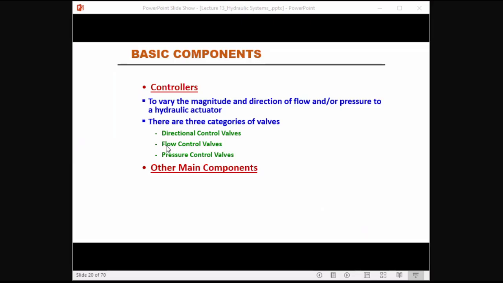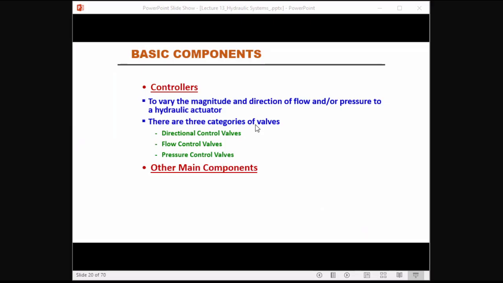Okay, we can control flow rate using the flow control valve. Fluid pressure we can control using the pressure control valve. These are the main controlling equipments in this fluid system.